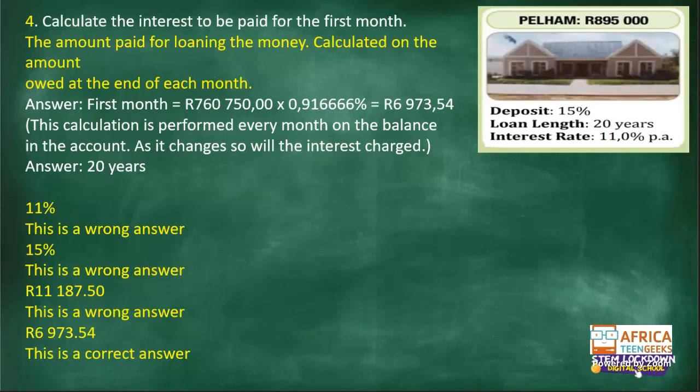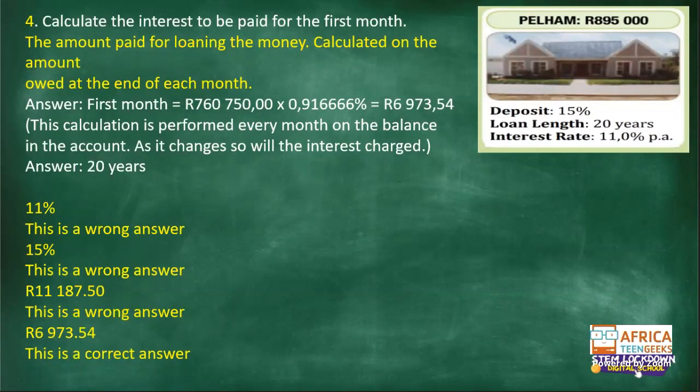So remember, this calculation has to be performed every month on the balance in the account, because it will change with the interest, right? You will see that we have looked at the different amounts there, and we saw that we had about 4 possible answers. The first one being 11%, but they want to know the amount.